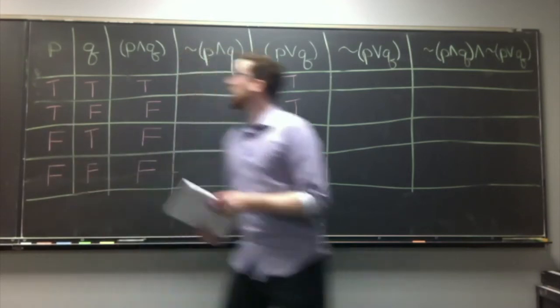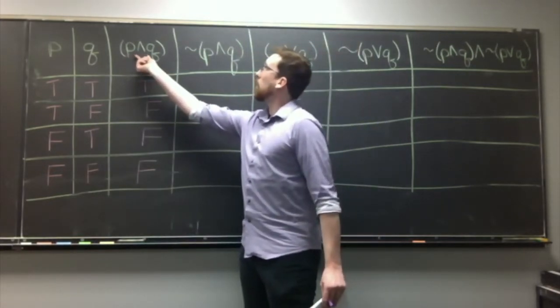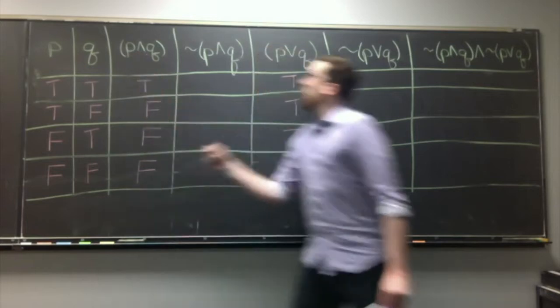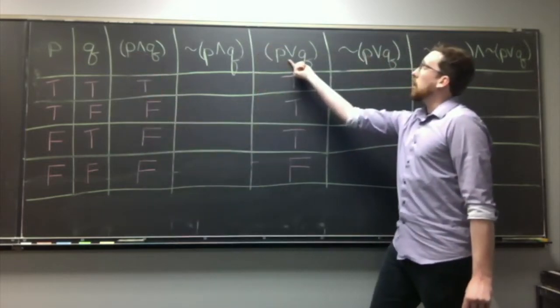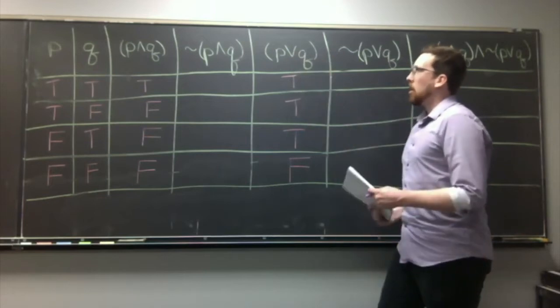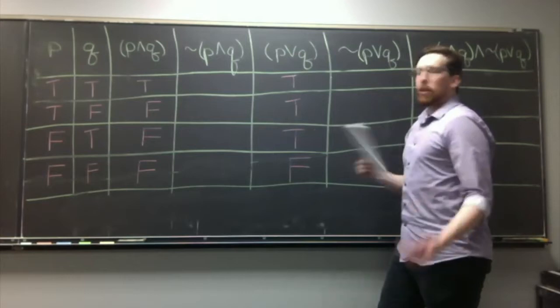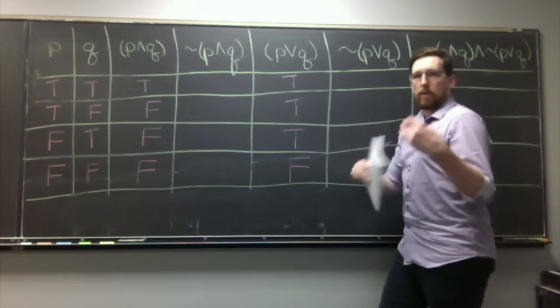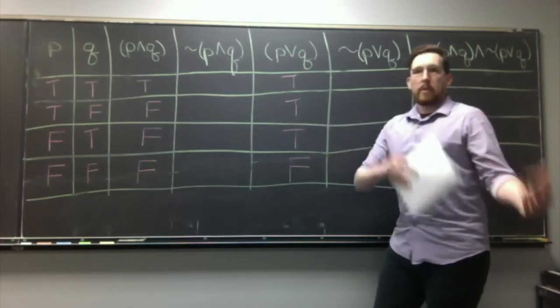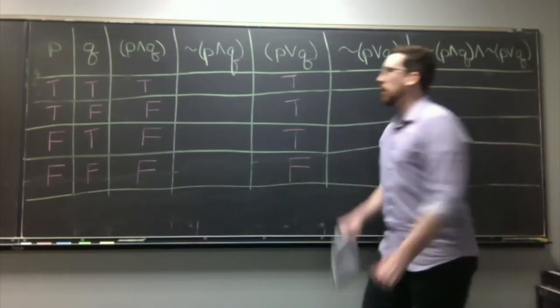If that's the case, we've already talked about what the truth values are for P and Q. And we've also talked about what the truth values are for P or Q. But what about the negation of P and Q? Well, the negation of P and Q is just the reverse, right? If the statement was true before, it's now false. So forth and so on.